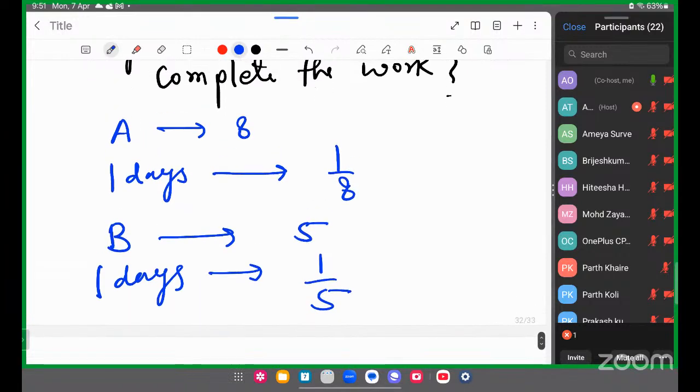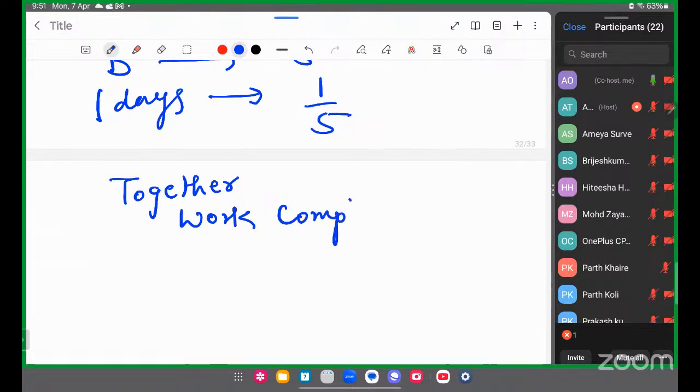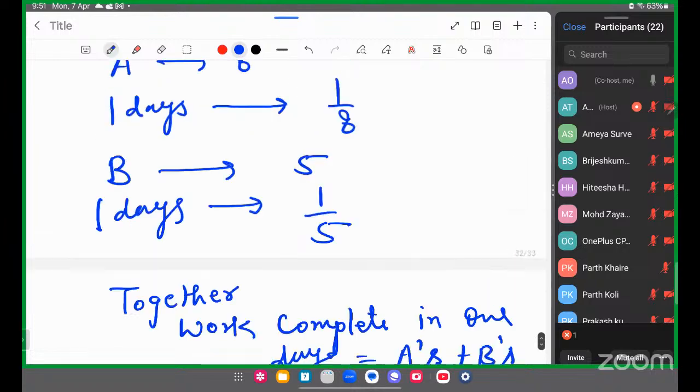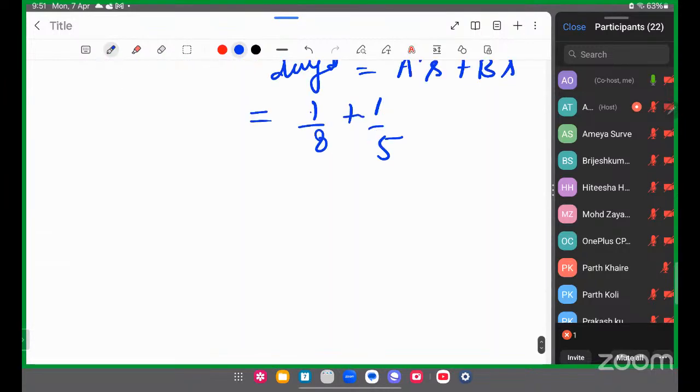Now they work together. So if they work together, how much work will be completed in 1 day? Work completed in 1 day will be work done by A plus work done by B. A has done 1 by 8 and B has done 1 by 5. Simplify it.